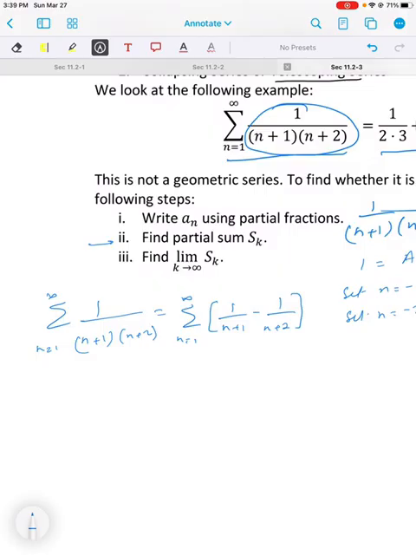The partial sum can be called s sub k or s sub n or whatever, but because we are already using the n inside here, we shouldn't be using it in this partial sum. So we are now going to call the partial sum s sub k. What that means is that n is going from 1 to k.